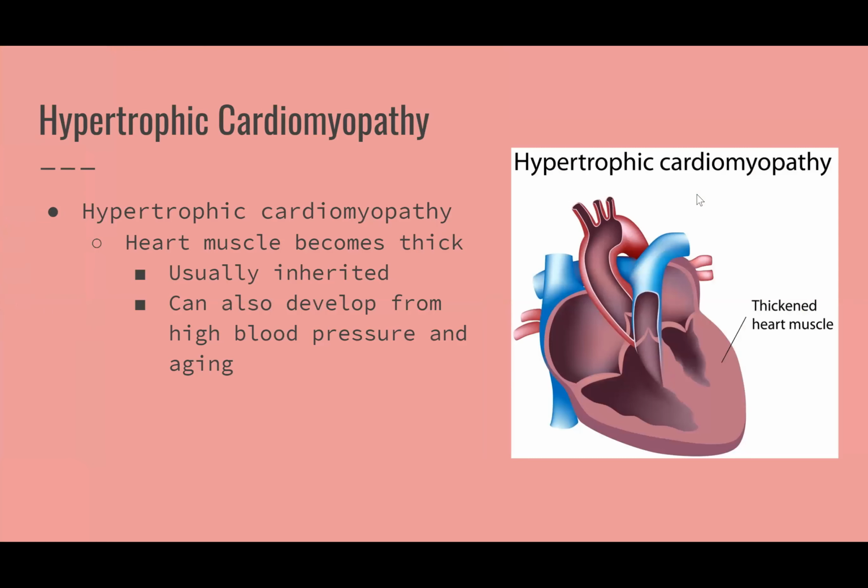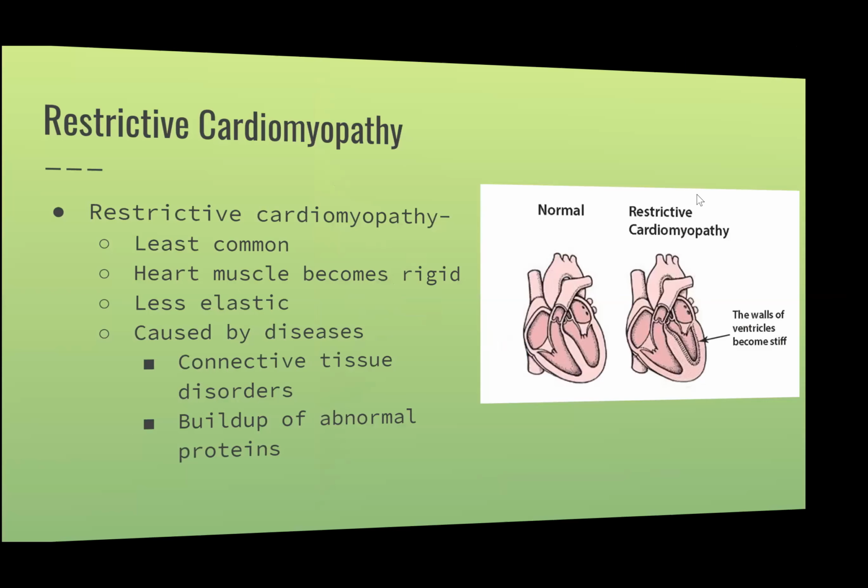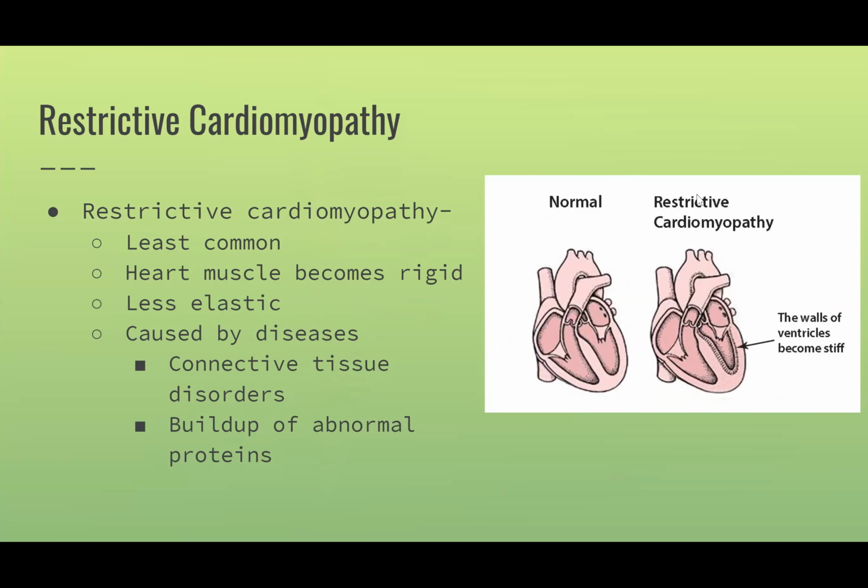For hypertrophic, it's when the heart muscle becomes thick, as shown in the picture. It's usually inherited, and it can also develop from high blood pressure and aging. And lastly, restrictive is the least common, and the heart muscle becomes rigid and less elastic.